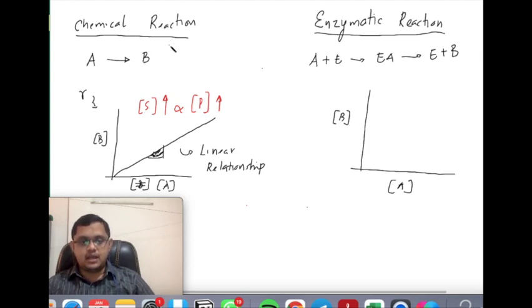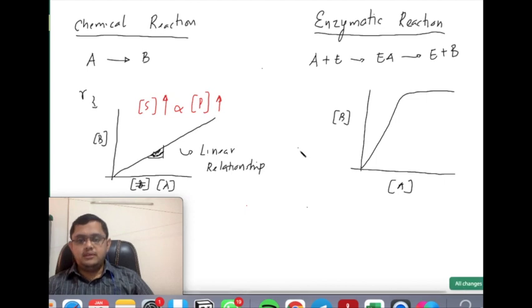When I say chemical reaction, I should say that this is a non-enzymatic reaction. But what they observed, instead of getting a straight line, they got something like this.